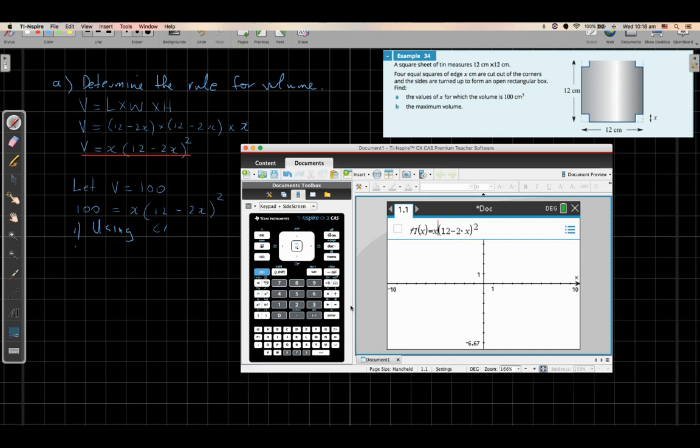We've got to put multiply in there. Try that. Okay, there it is there. Now, you can see it's right off the screen.